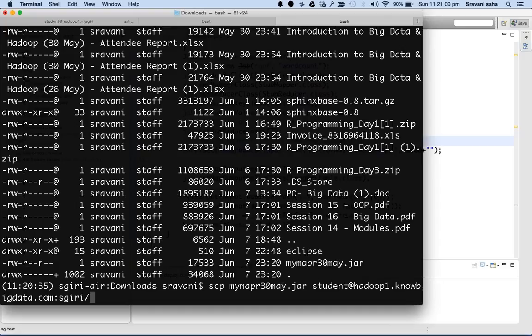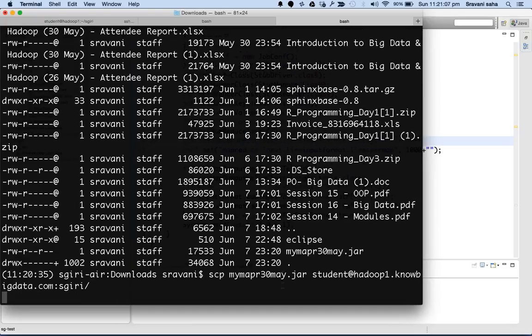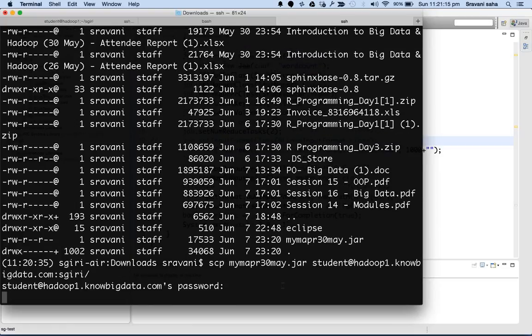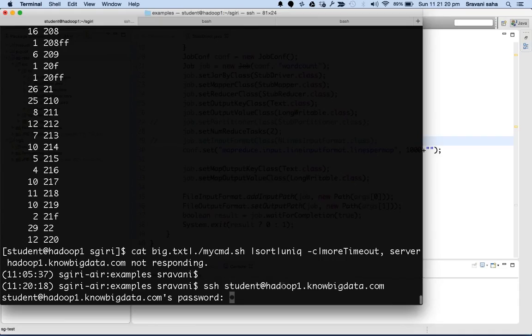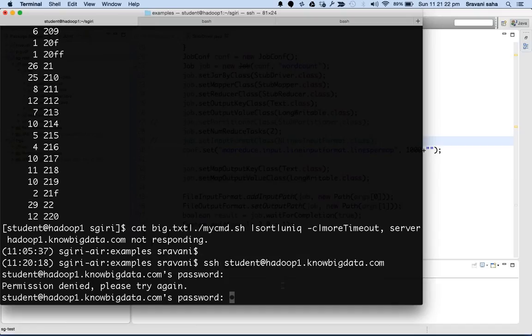So I'm copying this particular jar which I just created onto student at hadoop1.nobigdata.com. Okay. So it's copied.